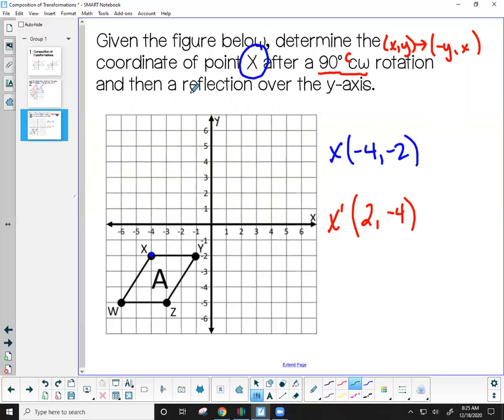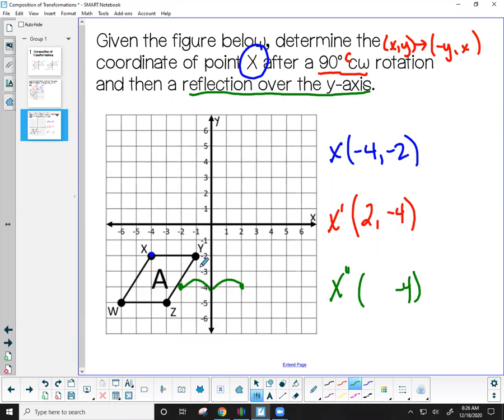Then it says we want to reflect it over the y-axis. Right now it's at (2, -4). I want to reflect it over the y-axis, so right now I'm 2 steps away, and I need to go 2 steps the other way. Keep in mind, the y value is not changing, because it's not going higher or lower. That y value is going to stay the same.